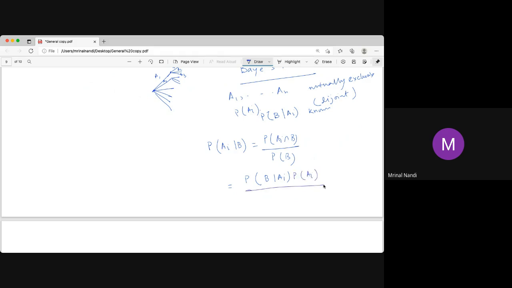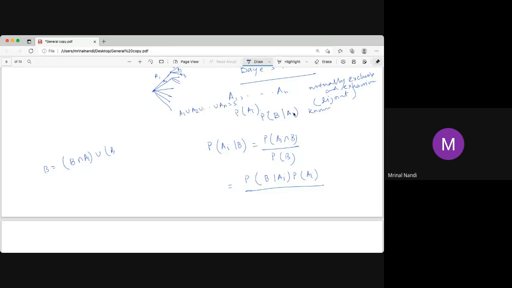And how do you find P(B)? B is nothing but the union of B intersection A1, union B intersection A2, and so on, because this is not only mutually exclusive but also exhaustive. Exhaustive means the union must be the whole set.